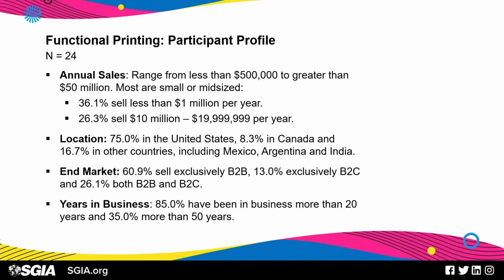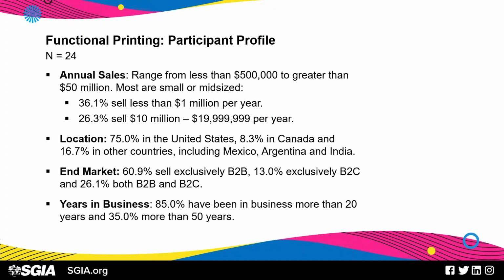Annual sales range from less than $500,000 to greater than $50 million, but most were either small, selling less than $1 million per year, or mid-sized, selling somewhere between 10 and $20 million per year. 3/4 are located in America and 8.3% in Canada.